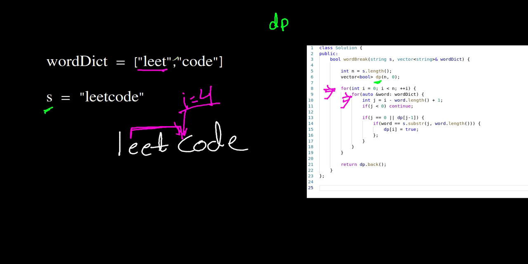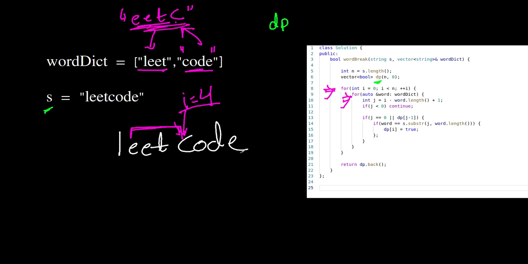What is this substring? It's E T C. Now is this word equal to leet? No. So we move to the next word. The next word is code, which does not equal this substring either. So we did not find any word that equals the substring.